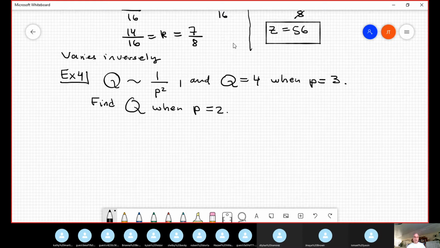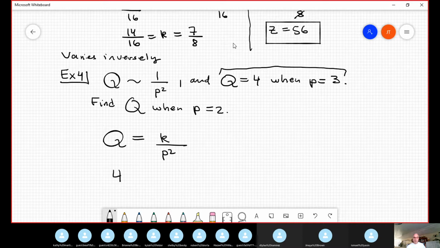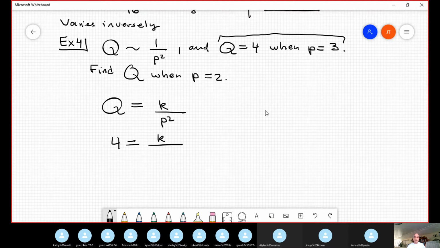Okay, so the formula is capital Q is equal to the constant of variation divided by P squared, because it's inversely proportional. For the first condition, because everything is given, it allows us to find K. Substituting, 4 is equal to K divided by 3 squared, but 3 squared is 9.